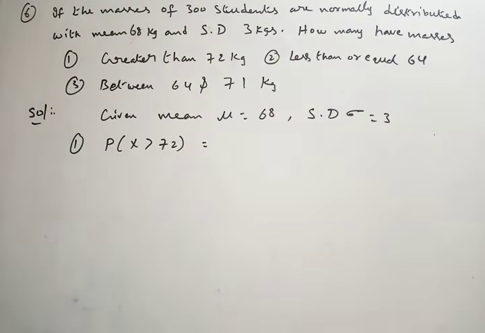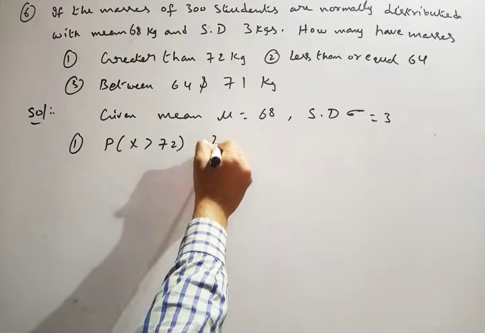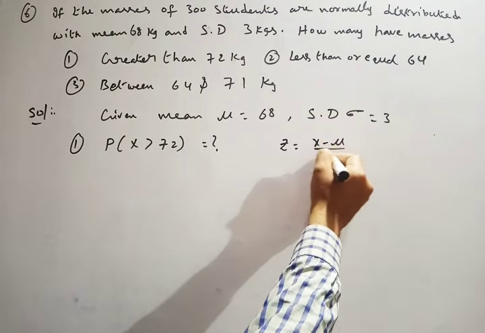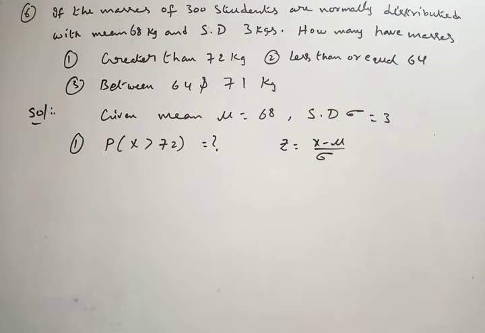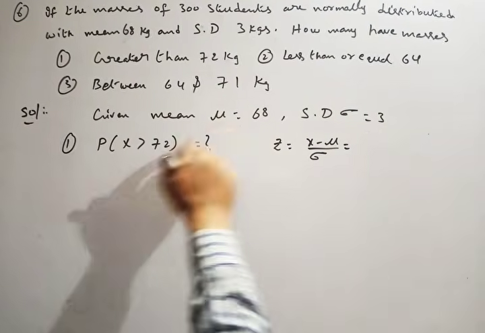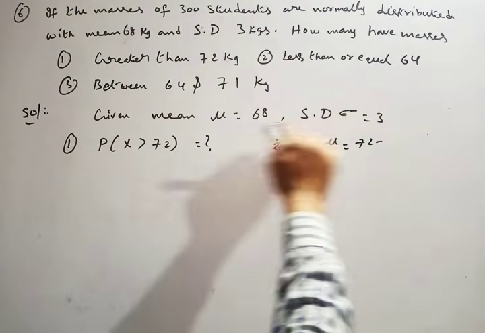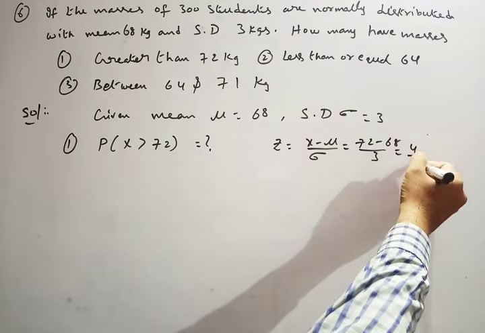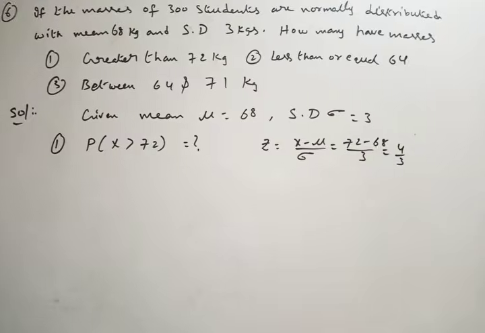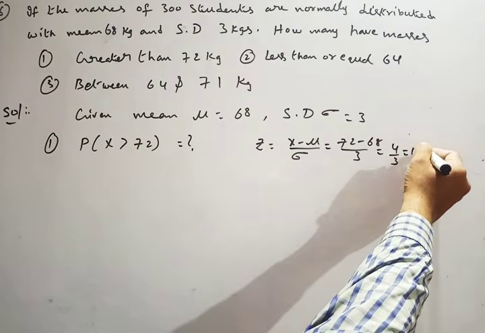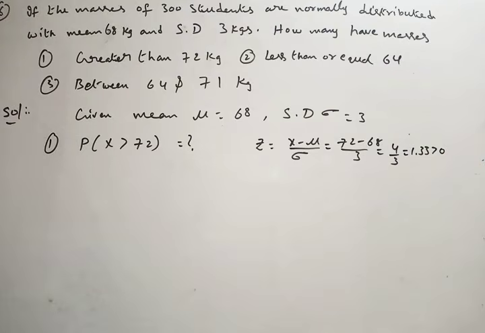Z is equal to X minus mu by sigma. X is 72, mu is 68, sigma is 3. So 4 by 3, which is 1.33. It is greater than 0.